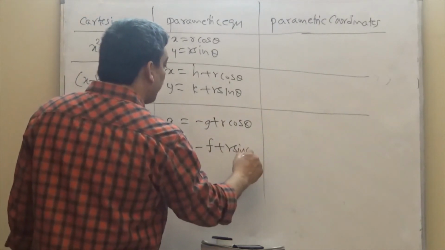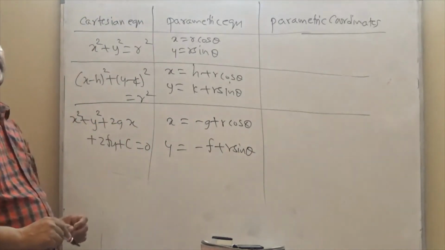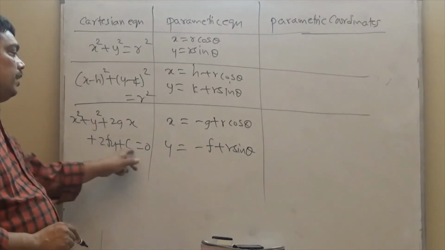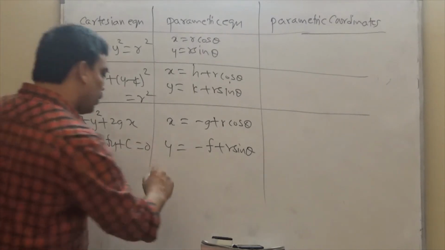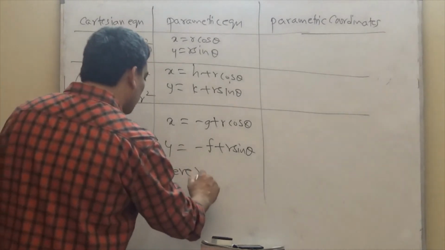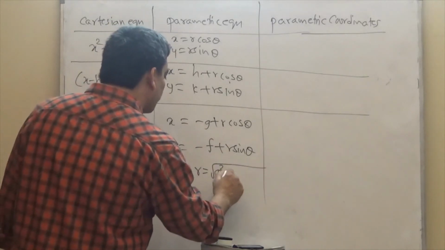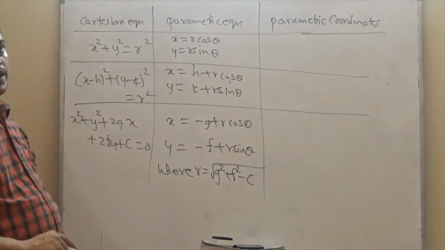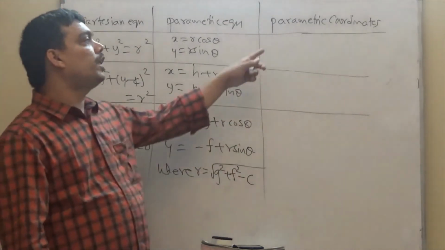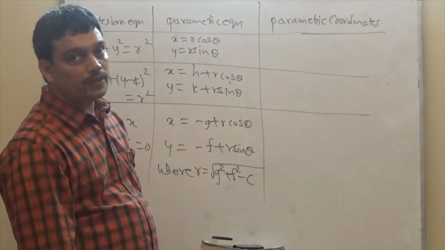But since the radius r is not mentioned here, you have to write down in terms of the given quantities g, f and c. In general form already we have learned for this type of circle what is the radius. So you can mention here where r is root of g square plus f square minus c. So for all the three circles I have written the parametric equations, and now I will write down the corresponding parametric coordinates for any point on such circles.